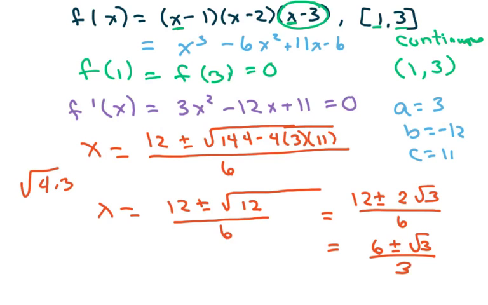So I have two values. I have c equals 6 plus square root of 3 over 3, and c equals 6 minus square root of 3 over 3.